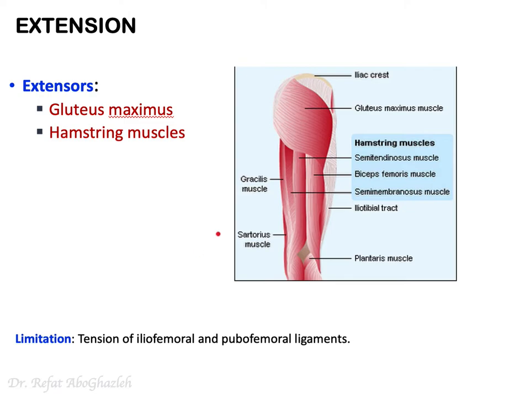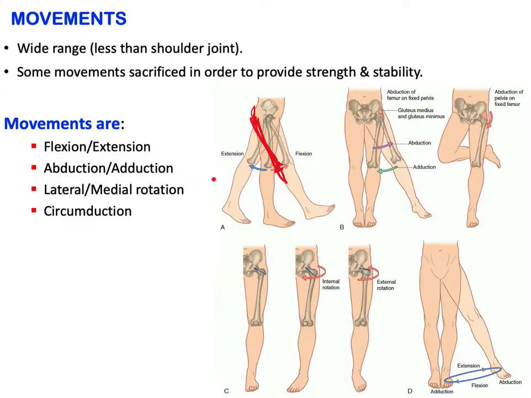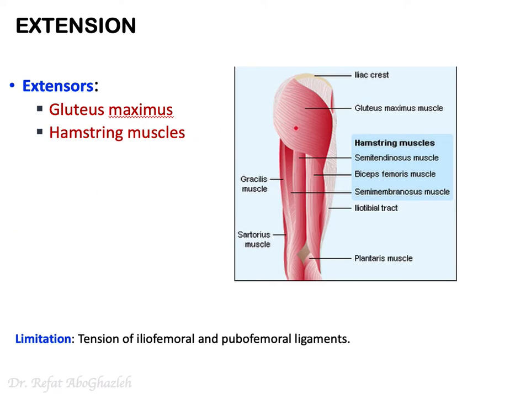The extension is pretty simple and easy. If you want to extend your hip joint to the back, like in this case, this is usually performed by the gluteus maximus and the hamstring muscles, three muscles from the back. From lateral to medial, they are biceps femoris, semimembranosus, which is partially engulfed and located under the semitendinosus. One muscle is like a tendon and one muscle is like a membrane, so we call them semimembranosus and semitendinosus.